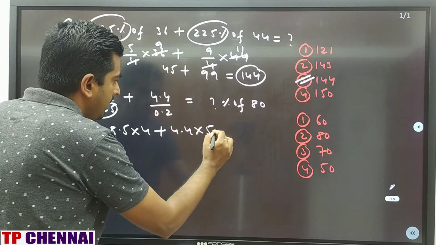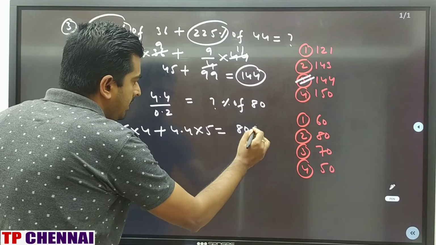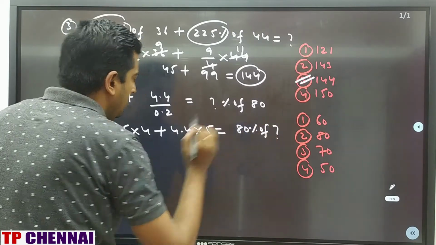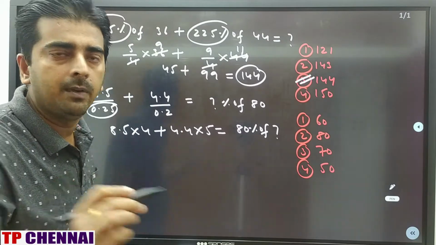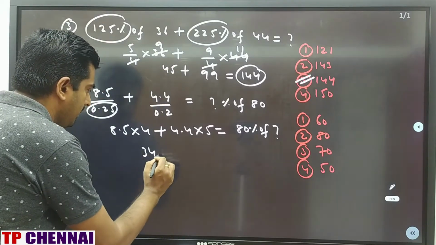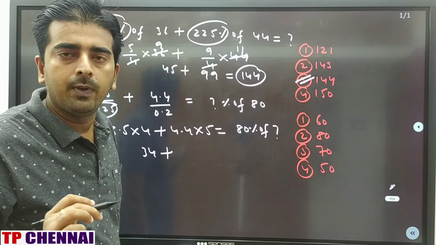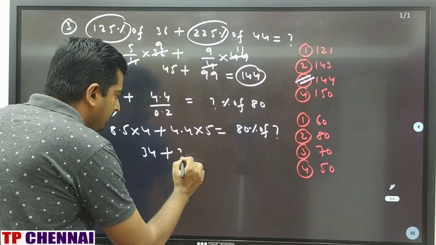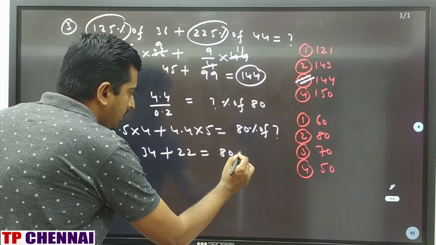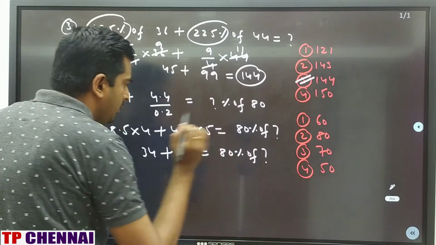8.5 into 4 plus 4.4 into 5 is equal to 80% of question mark. What is 8.5 into 4? 8.5 double is 17, 17 double is 34. What is 4.4 into 5? 4.4 into 5 is 22, which is equal to 80% of question mark.